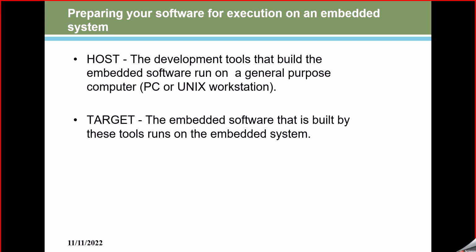And the other is called the target. The target is the embedded software that is built by the tools and runs on the embedded system. Say we use a lot of tools to build software. Once you build the software, you get an output file that will run in the embedded application or embedded system, inside the microcontroller or processor. That is called the target. Clear?